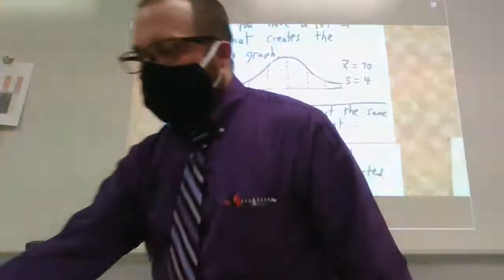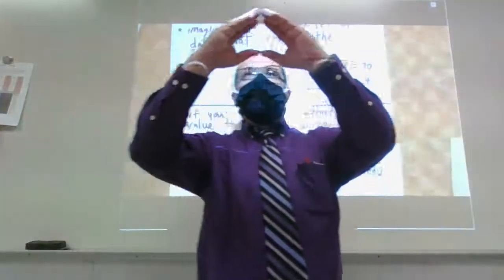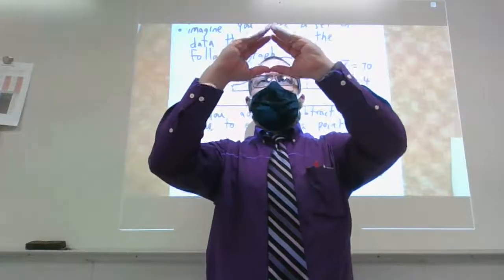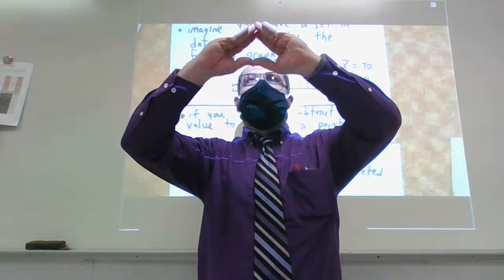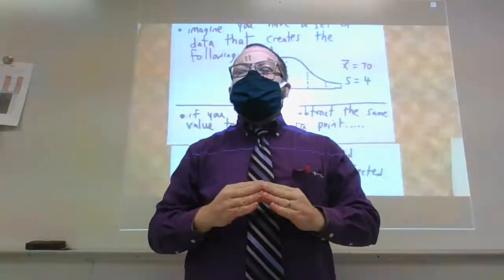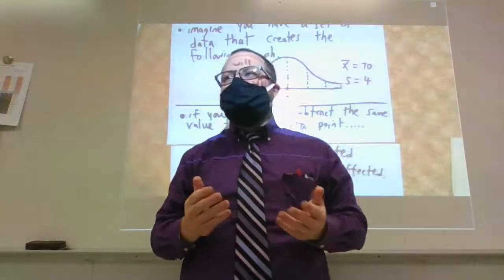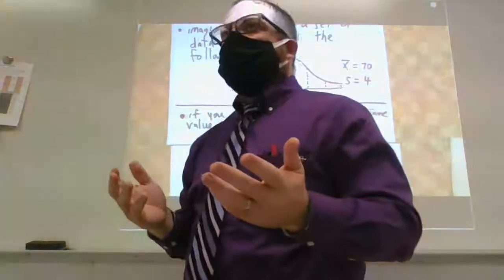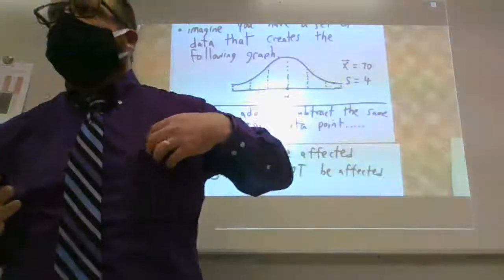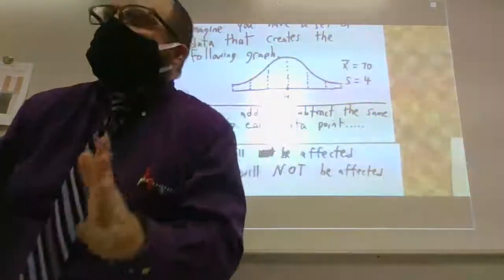Because I want you to imagine for a moment that my hands are creating the normal curve. This is terrible, I know. Now, what is standard deviation? It's a measure of what? Yeah, like the average distance from the mean.